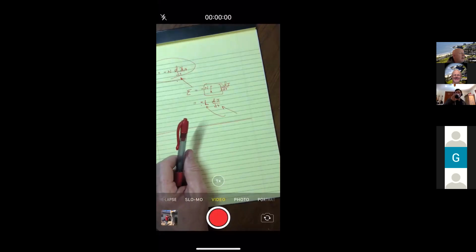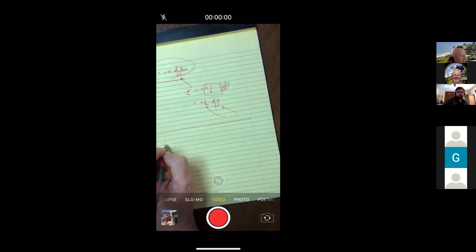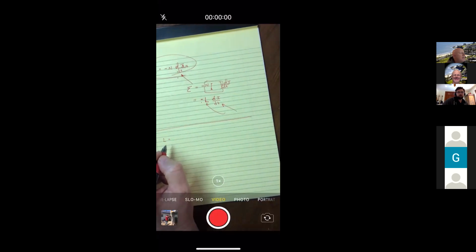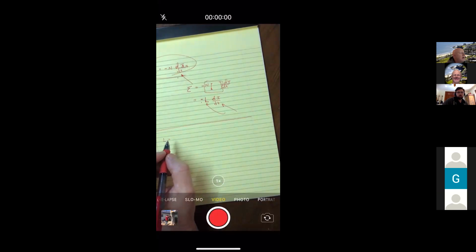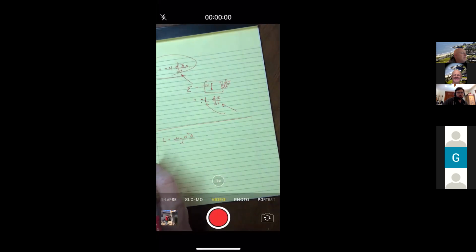Well, hang on. Okay, so let me jump down here. So he has, I think you're talking about, okay, so there's an L, and he's got the mu naught, the n squared, the A, and over L. Is that what we're talking about here? Yeah, so I think it's just when he's converting the A to meters. Oh yeah.